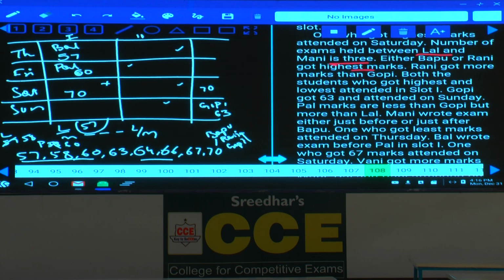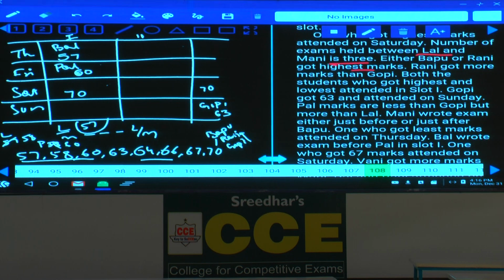If Lal or Mani were at this place, 1, 2, 3, and here it must be Paul, which is not possible. So Lal and Mani must be in the second slot. Now we need to find out the second slot, and Gopi got 63.